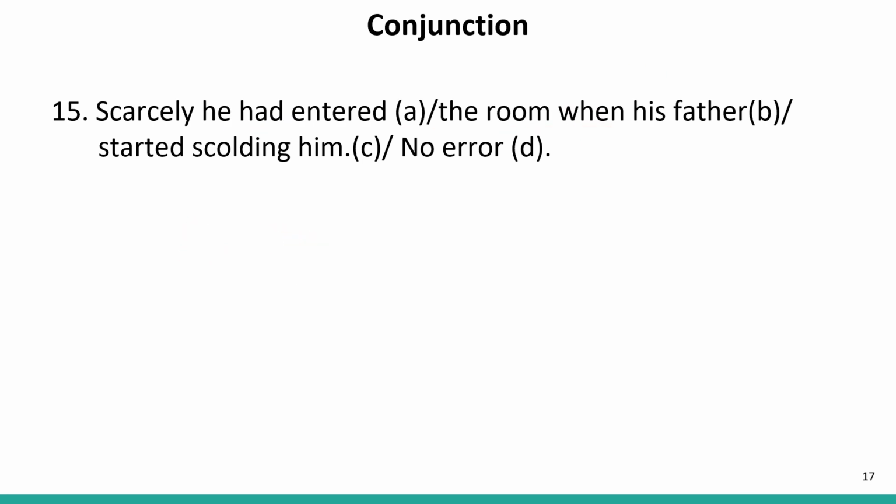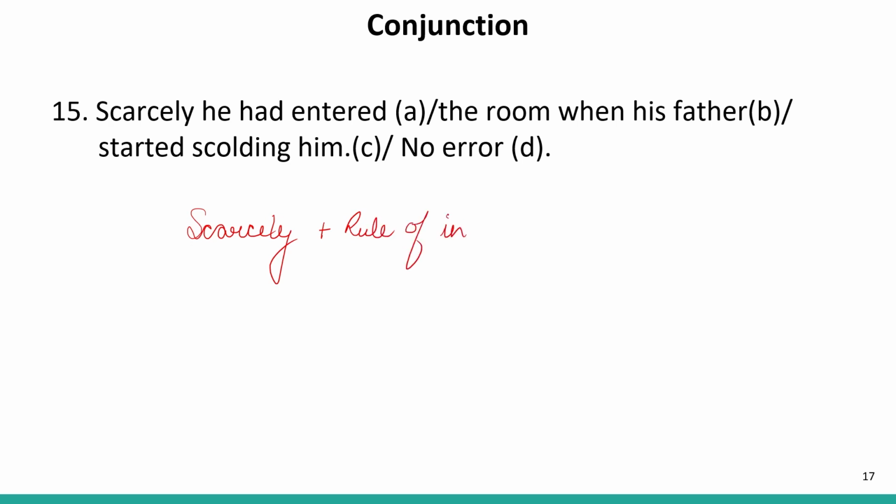Now let us move to the next sentence. Scarcely he had entered the room when his father started scolding him. Again, whenever we have scarcely in the beginning of the sentence, we use rule of inversion.